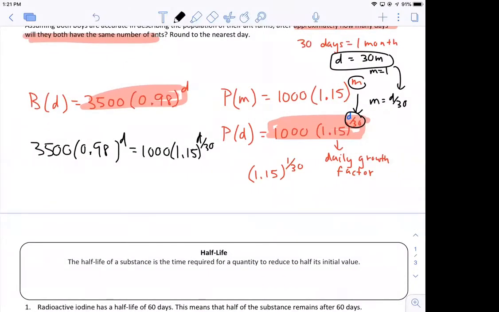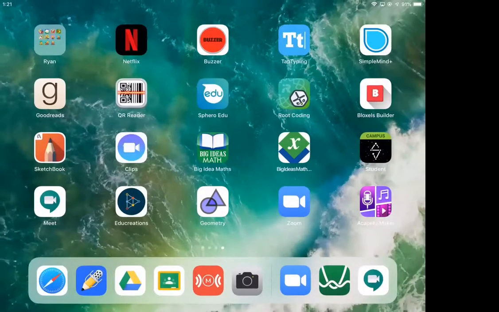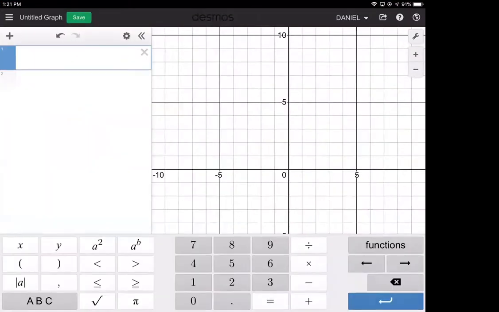All right, so if I switch over to Desmos, one of them was 1,000 times 1.15 to the, what was it? What was the exponent?